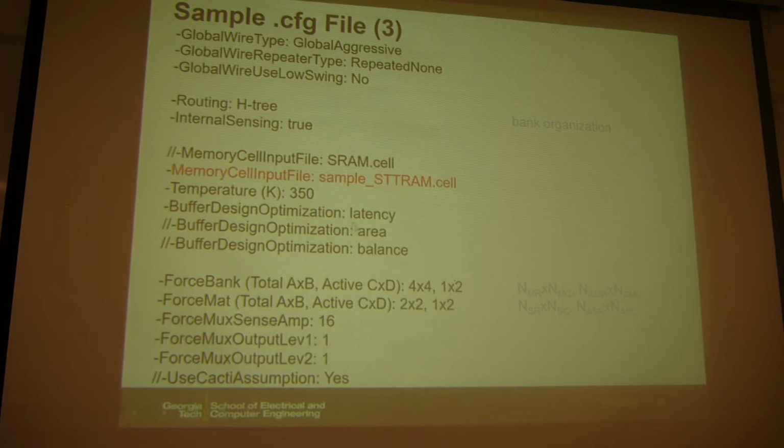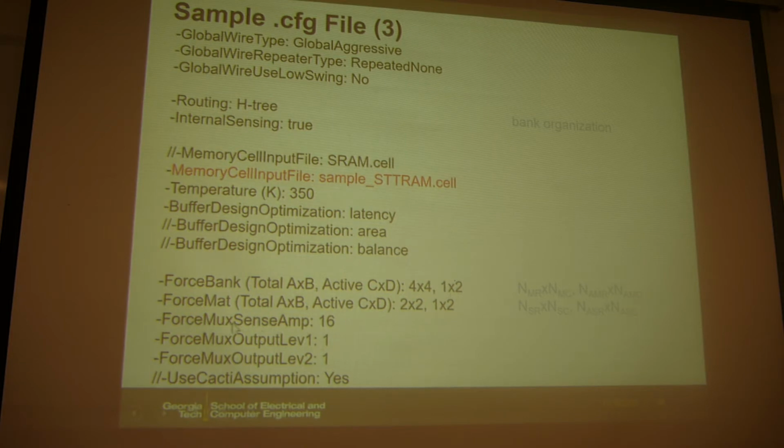And then the buffer design choices, as we discussed, you can optimize for latency or area or have a balanced design. And then here is the higher level: how you organize the bank into how many mats, and mats organized into how many subarrays. This is what you can modify.